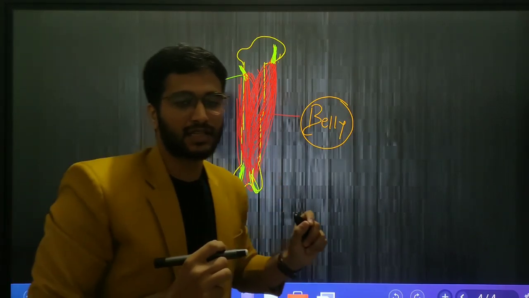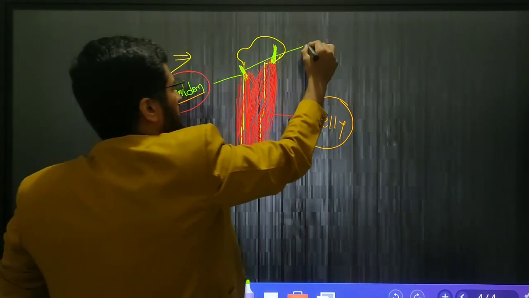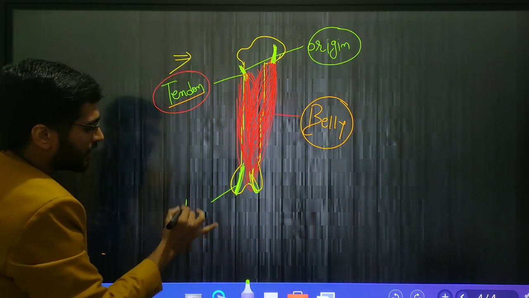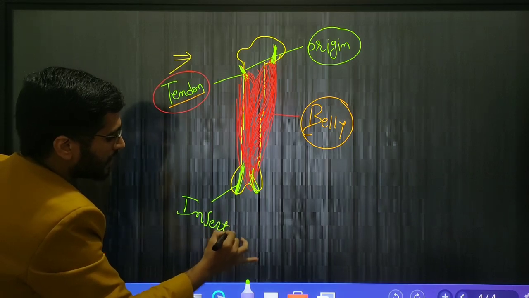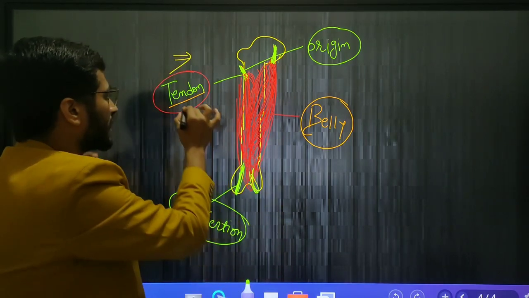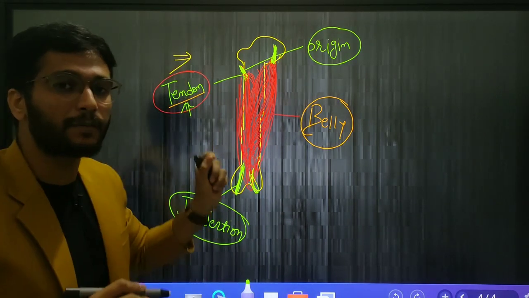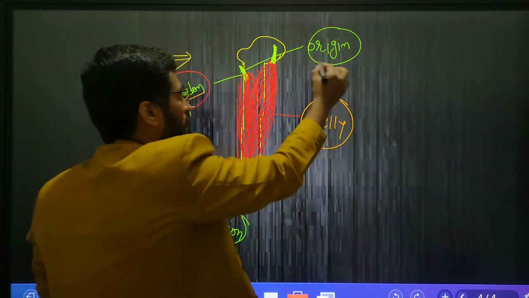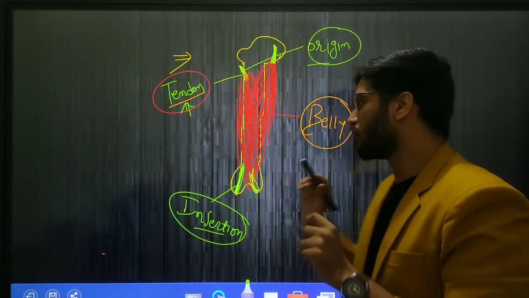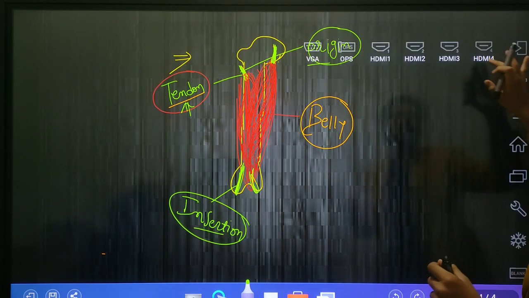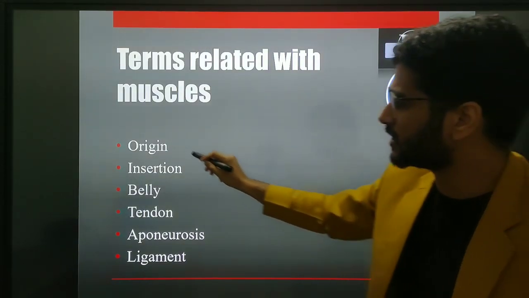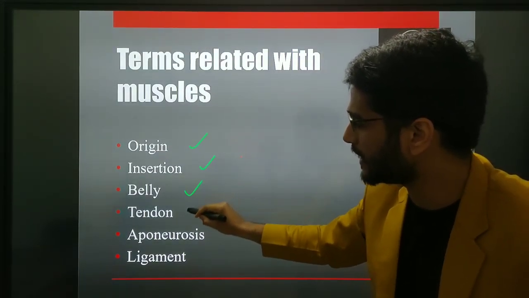This is the origin, which is the fixed end, and this is the insertion. The common thing is that at the insertion and origin, the part is thicker, and the thick band is known as the tendon. Origin is the fixed end and the insertion is the movable, or free, end. So just understand about the origin, insertion, belly and tendon.